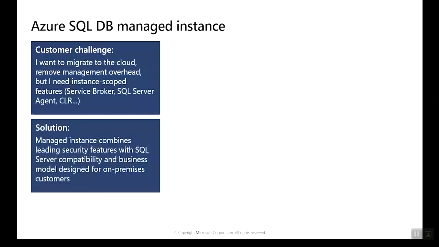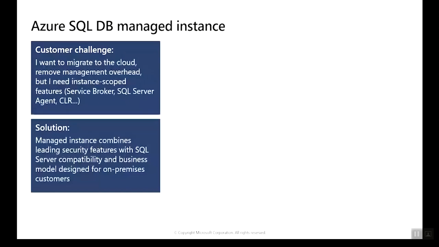The managed instance service automates things like backup, software patching, database monitoring, and other general tasks that you would need to do on premises, but you still have full control over the security and resource allocation for your databases.